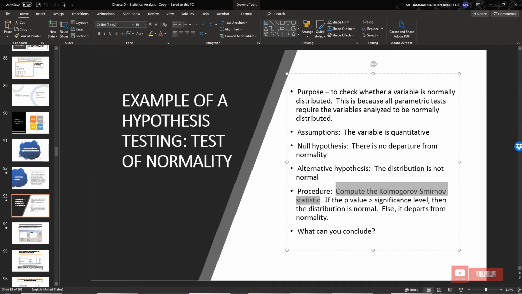When the p-value for Kolmogorov-Smirnov is more than 0.05, our alpha, then the distribution is stated as normal because we fail to reject the null hypothesis. If the p-value is less than 0.05, the significance level, then we reject the null hypothesis, so we can conclude that the distribution is not normal.